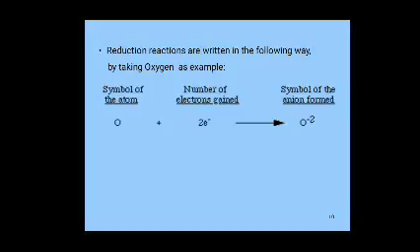Symbol of oxygen O, number of electrons gained, that is 2 electrons, then the symbol of the anion formed is O-2. Oxygen gains 2 electrons to form O-2.